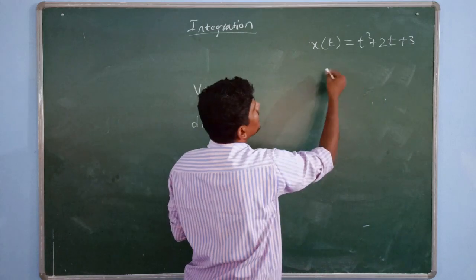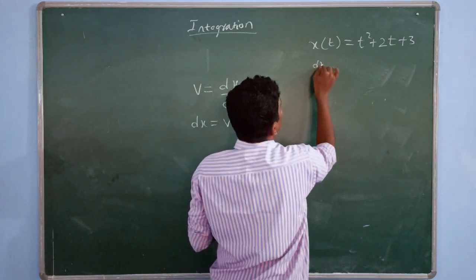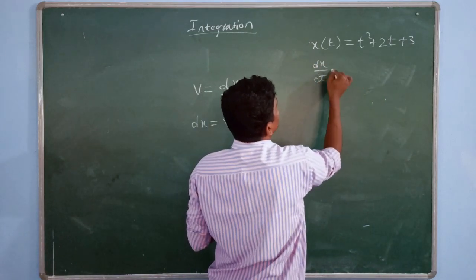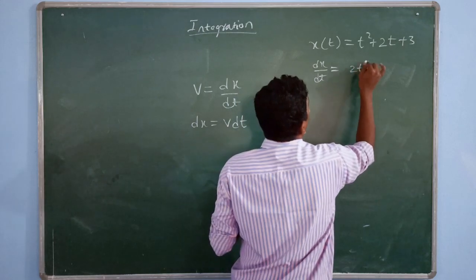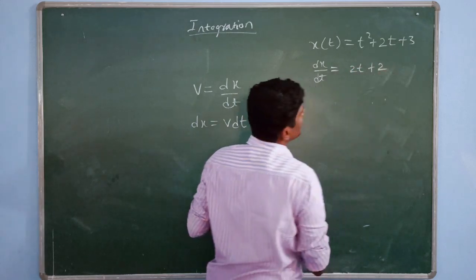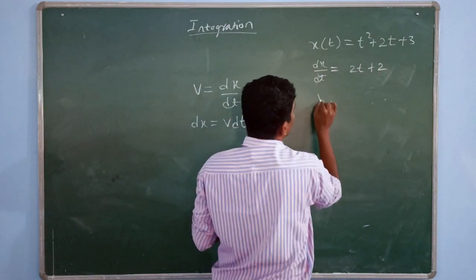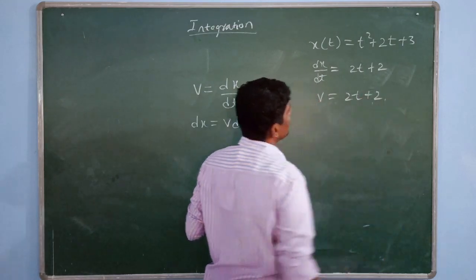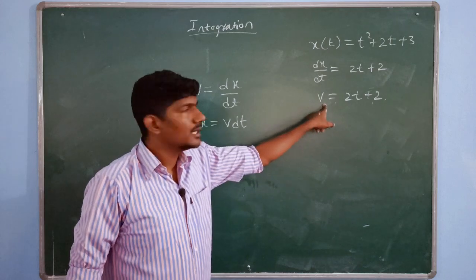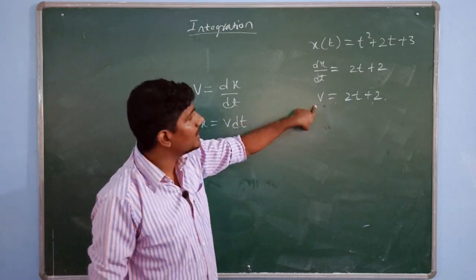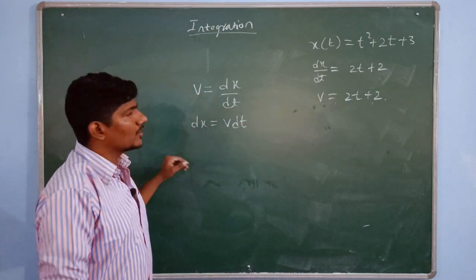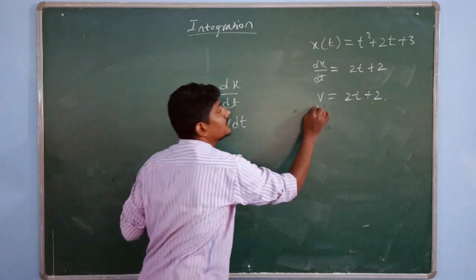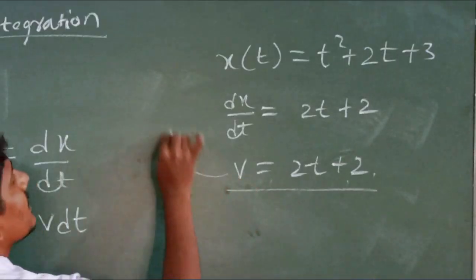If you differentiate this, you get dx by dt, that is 2t plus 2, correct? dx by dt means what? v equals 2t plus 2. So this is our equation of velocity. Now if you integrate this v, okay, we will see how to integrate. If you integrate this v, you should get this equation.